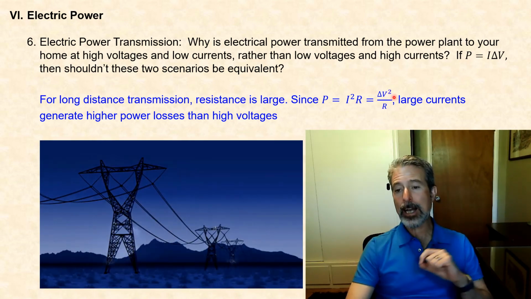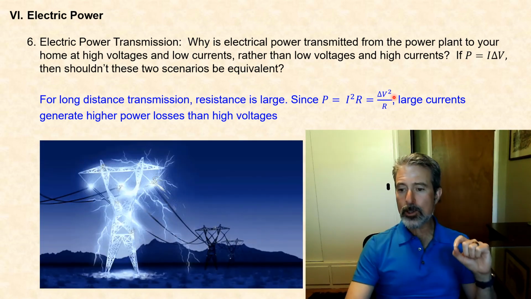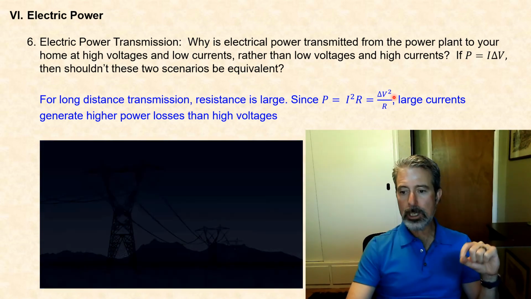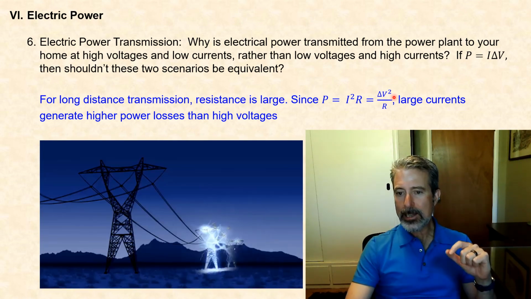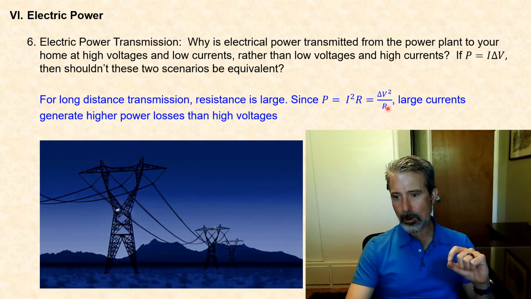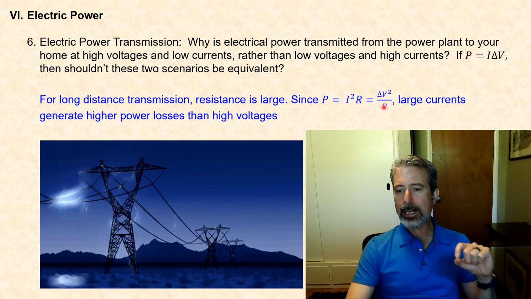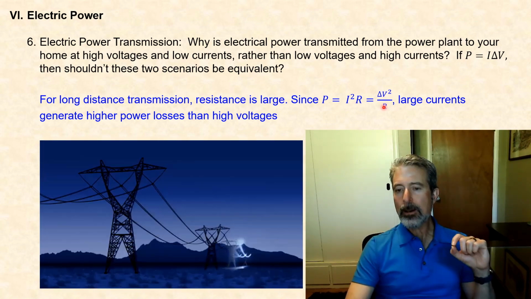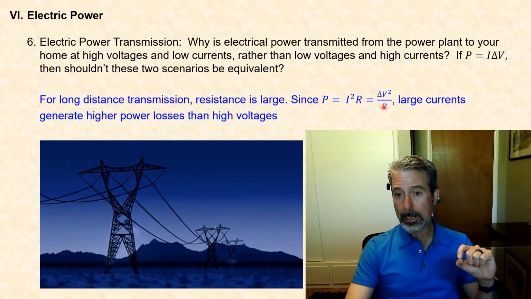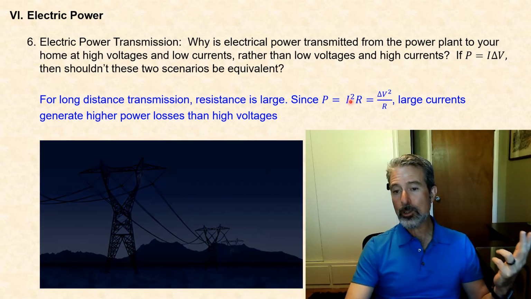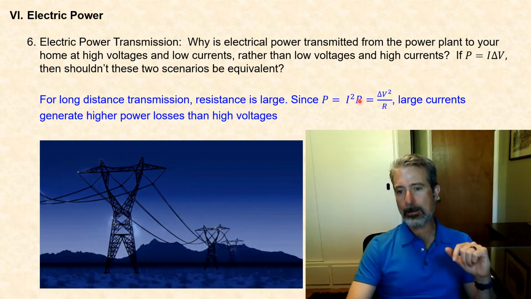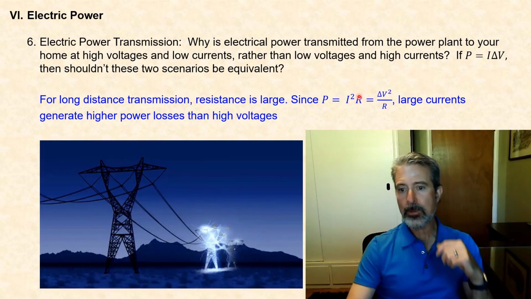But take a look at the denominator. If the resistance is typically large due to the many kilometers of copper wire, in this case here you're dividing by a large number, which means you're going to get much less power loss to thermal heating than you would by taking your current squared, a large number, and multiplying by a large value of resistance.